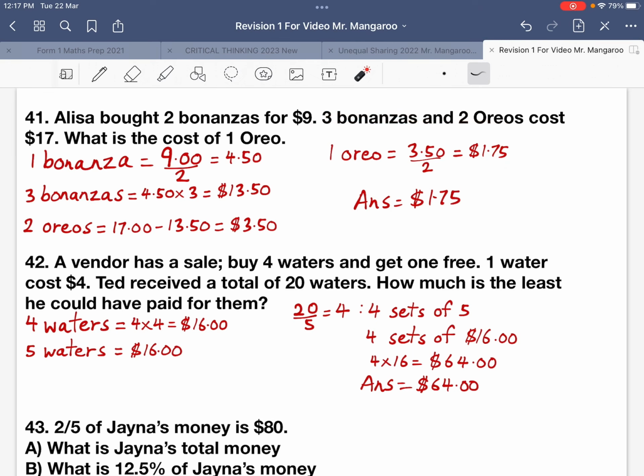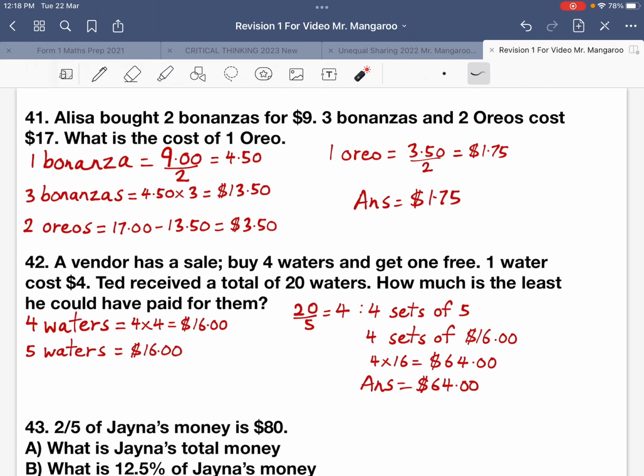42. So when we buy 4 waters, we get 1 free. So in a sense, it comes as if we are getting 5 waters for the price of 4. So 4 sets, we need a total of 20 waters.